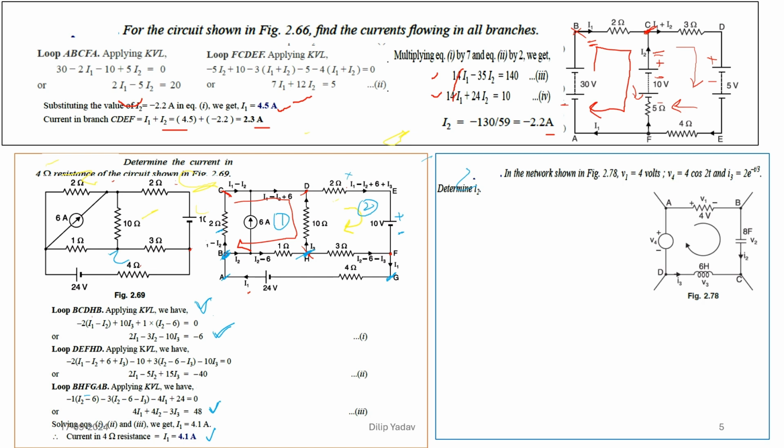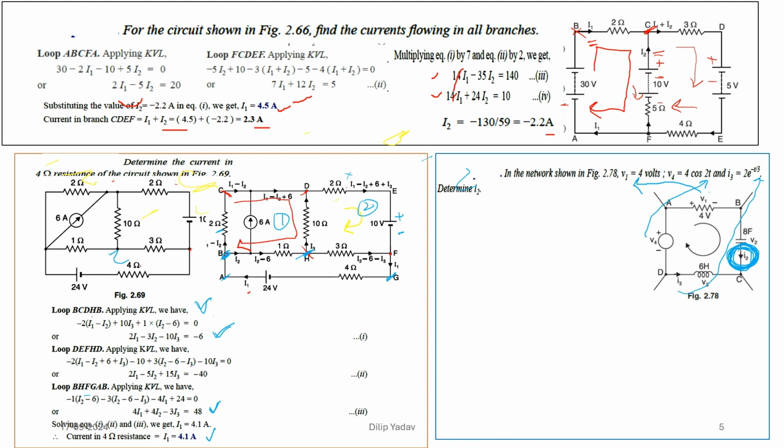Then V4 is given as 4 cos 2t, and I3 is given, that is 2 e to the power minus t by 3. It is asking me to determine the current across this. This is what we need to calculate.